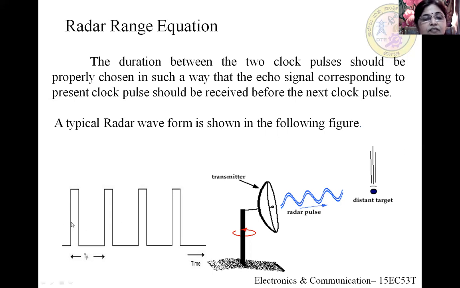Here you can see in the figure the train of pulses. The distance between the two clock pulses should be such that the echo signal due to the first clock pulse should be received earlier than the second clock pulse.